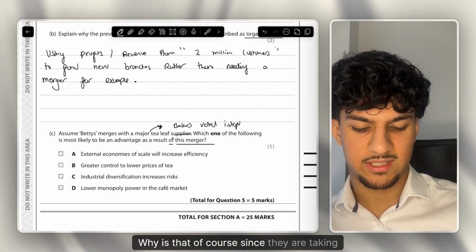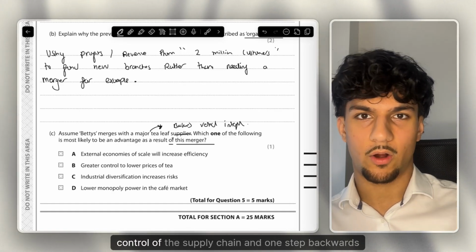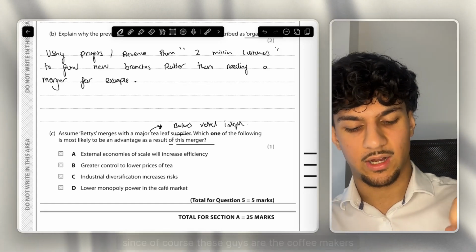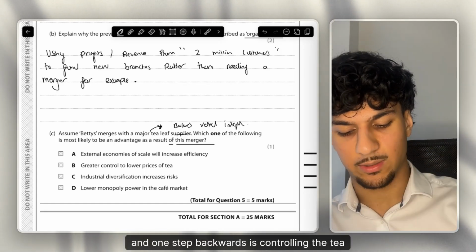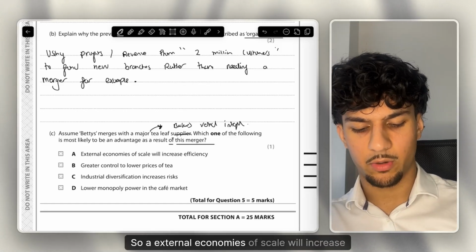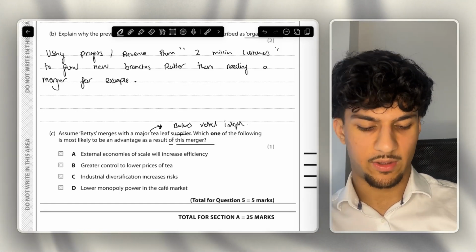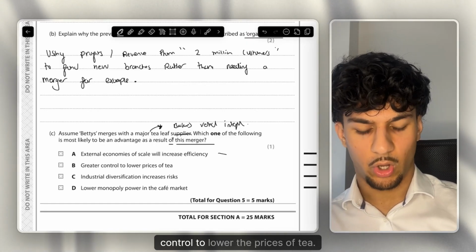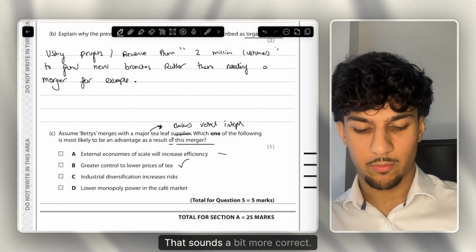Why is that? Since they're taking control of the supply chain, one step backwards, since these guys are the coffee makers, and one step backwards is controlling the tea supply. If you look at these options, A, external economies of scale will increase efficiency. That sounds okay, but let's look at B, greater control to lower the prices of tea. That sounds a bit more correct. Why?